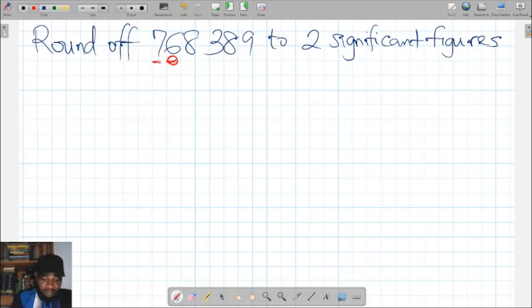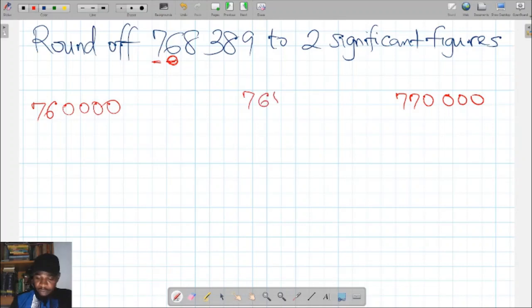We have 76, and then every other digit becomes 0. That's 760,000. And then counting in 10,000s, the upper bound will be 770,000. Of course, in between, we'll have 765,000 as the mid value.